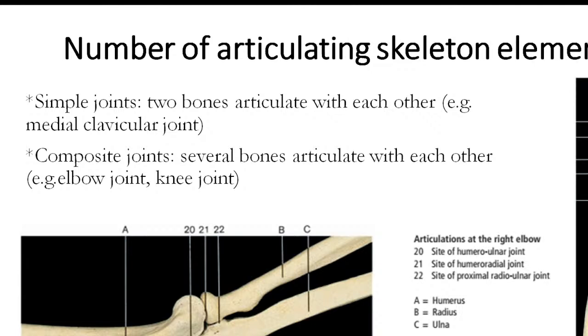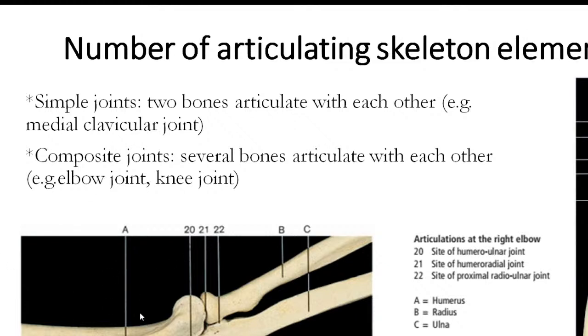You see the shoulder joint. This is the caput of the humerus and the facies glenoidalis of the scapula.